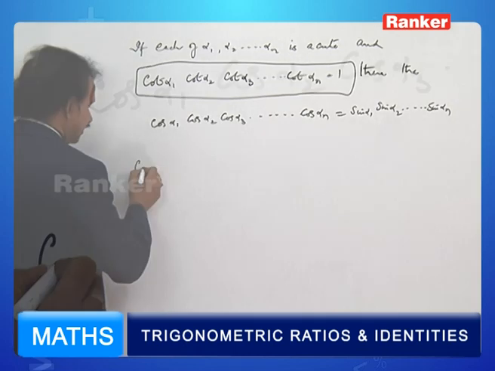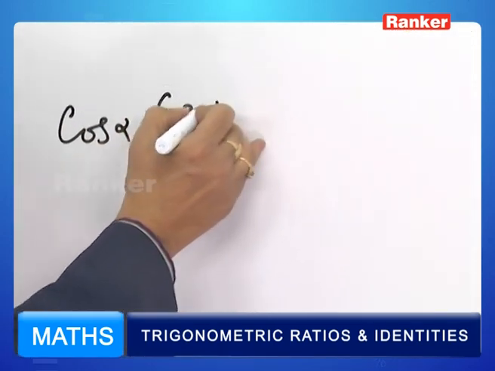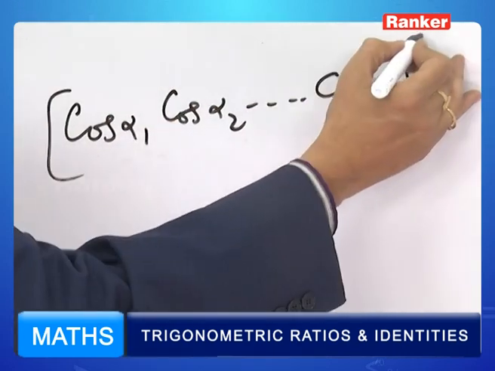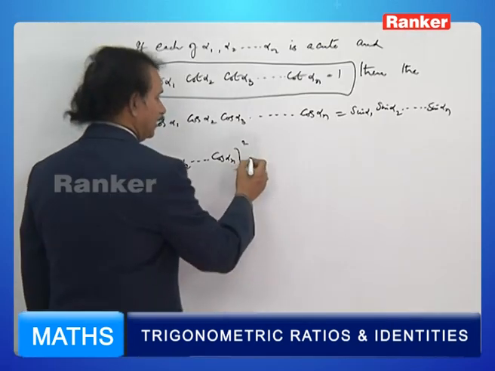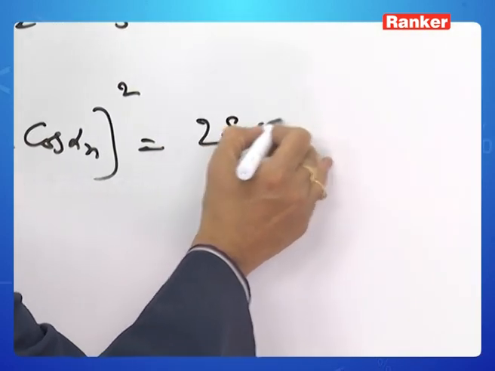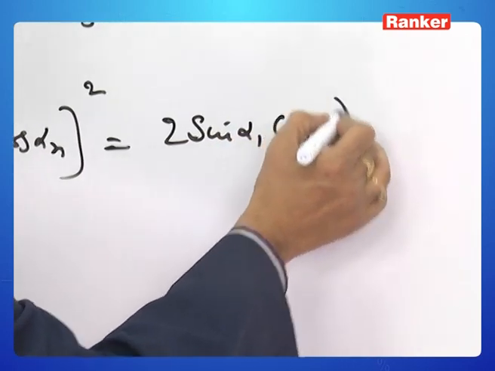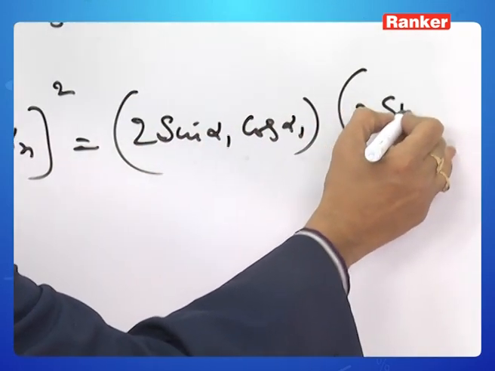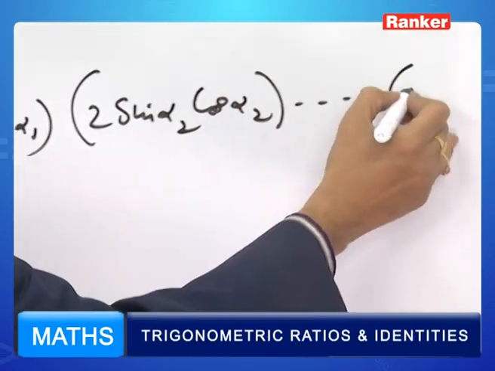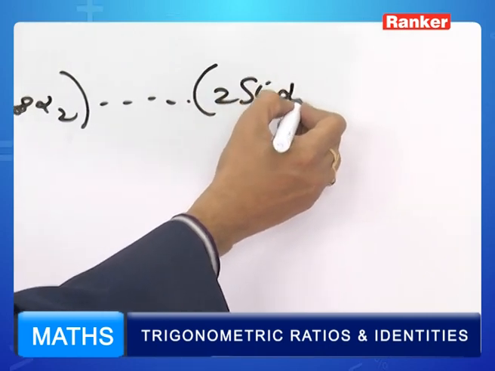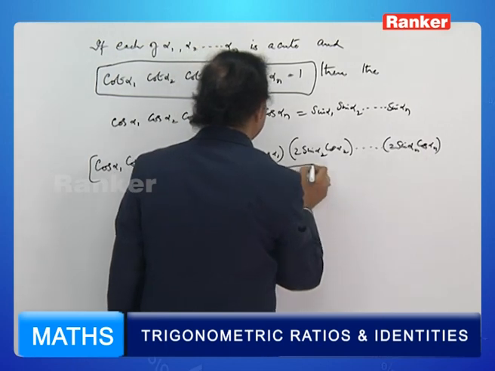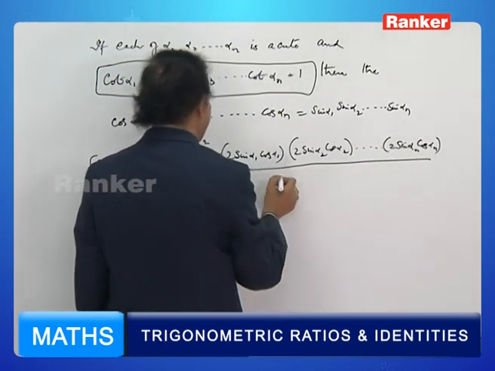LHS becomes (cos alpha 1 into cos alpha 2 into cos alpha 3 into cos alpha n) whole square, which is equal to (2 sin alpha 1 cos alpha 1)(2 sin alpha 2 cos alpha 2) ... (2 sin alpha n cos alpha n) by 2 power n. Am I correct?